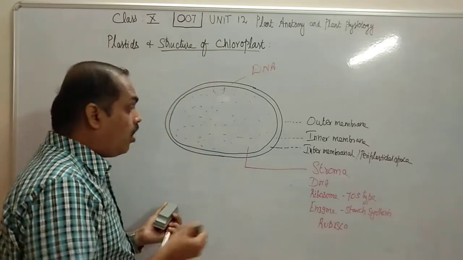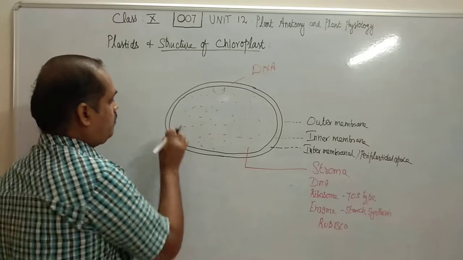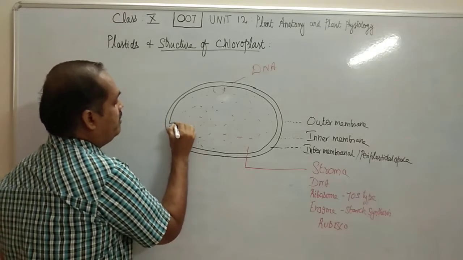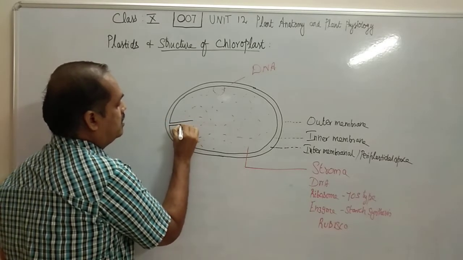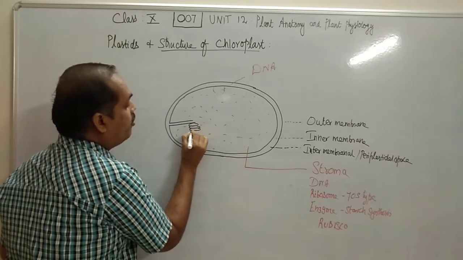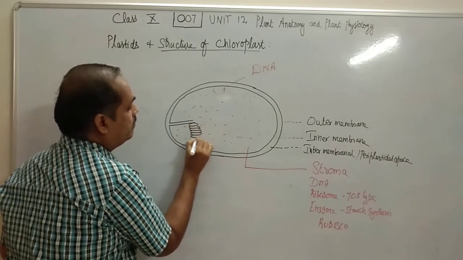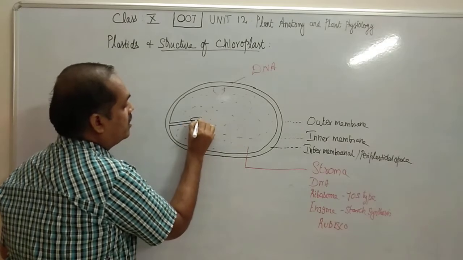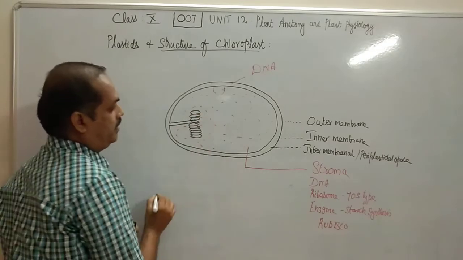Now on the stroma, there is some invagination like this, and this invagination has a number of membranes which are stacked one on the other.